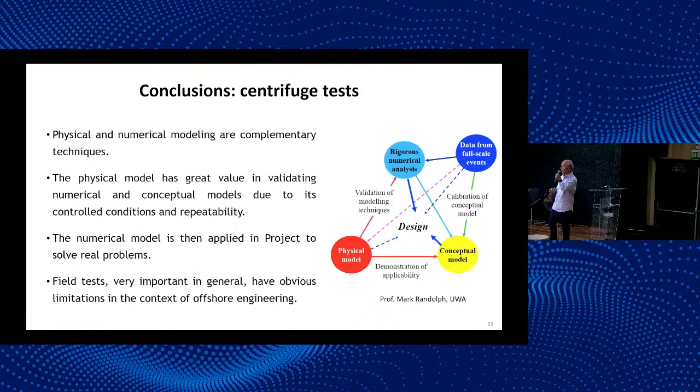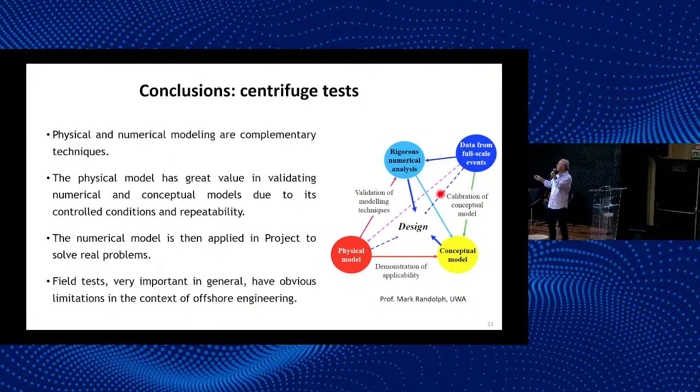Okay, but the last slide, sorry. The main importance of physical modeling is validating numerical and conceptual models, as I mentioned. The numerical or even the conceptual model are used for direct design, not physical modeling.